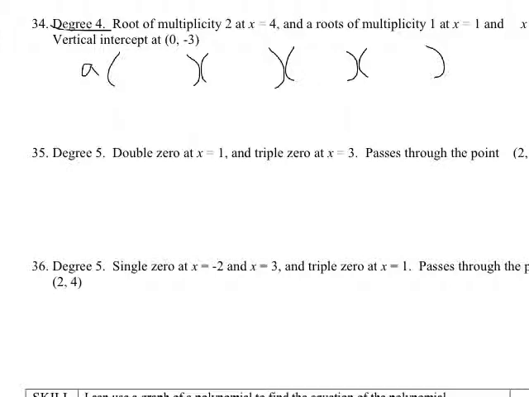A root of multiplicity 2 at x equals 4 means we're going to have 4 written down twice. x minus 4, x minus 4, and then a multiplicity of 1 at x equals 1. So we'll have x minus 1.